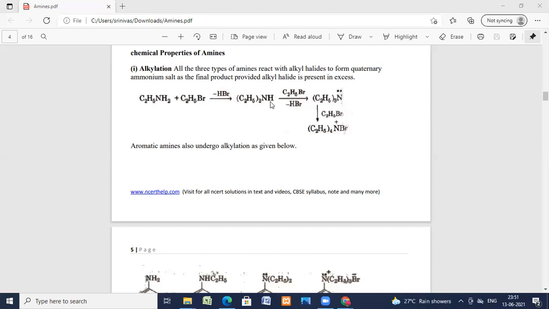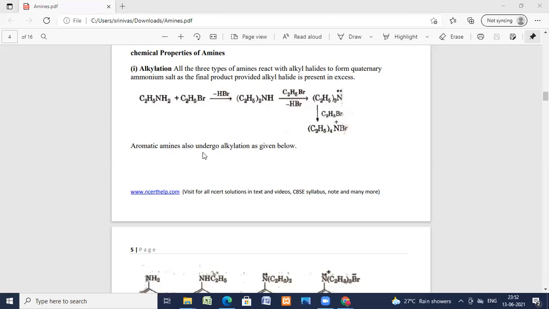Still, the nitrogen has one hydrogen. The hydrogen can react with one more alkyl halide. So again, on reaction with ethyl bromide, triethylamine is formed. Triethylamine, on further reaction with one more alkyl halide, will give a quaternary ammonium salt.